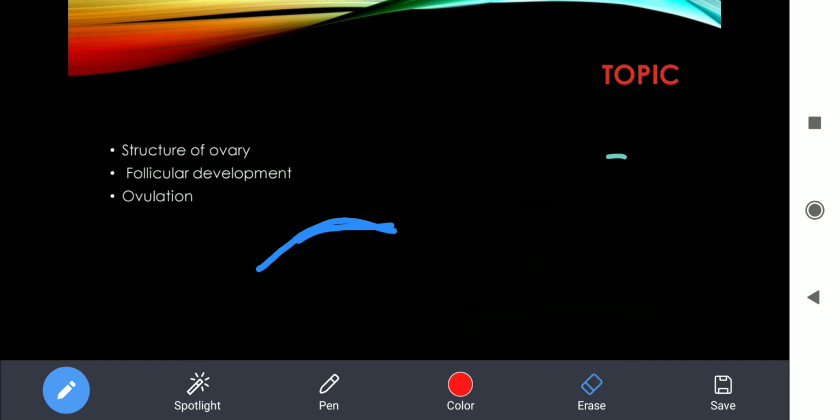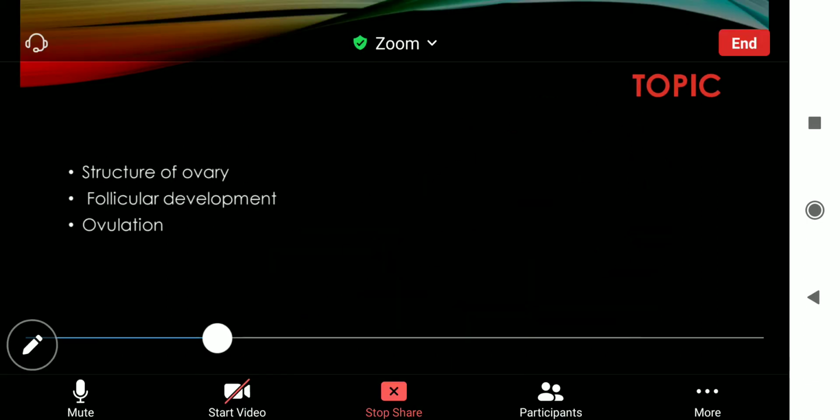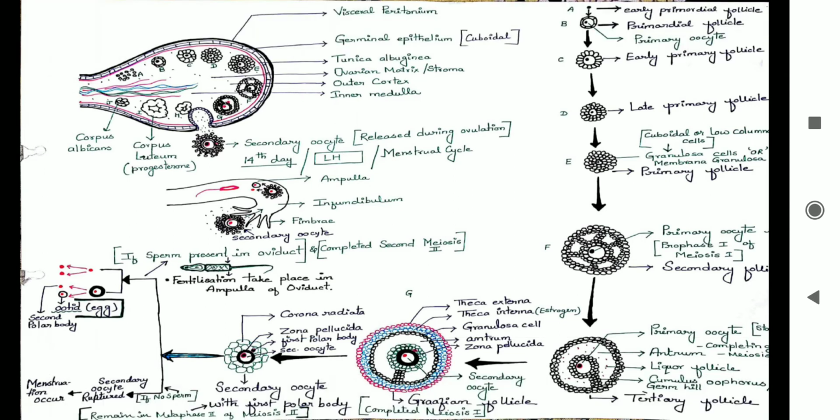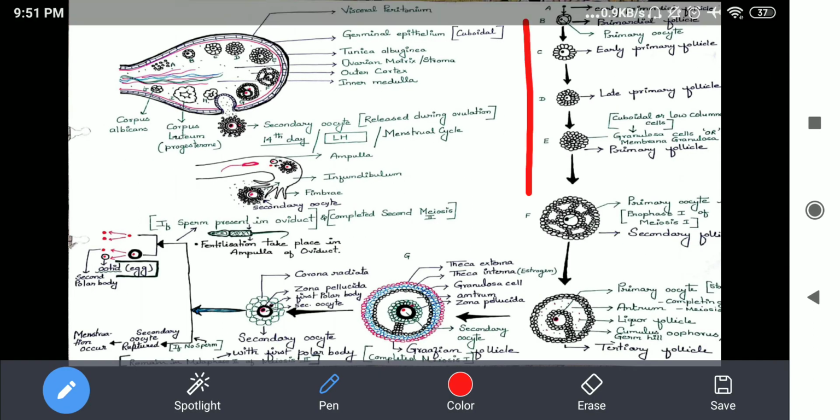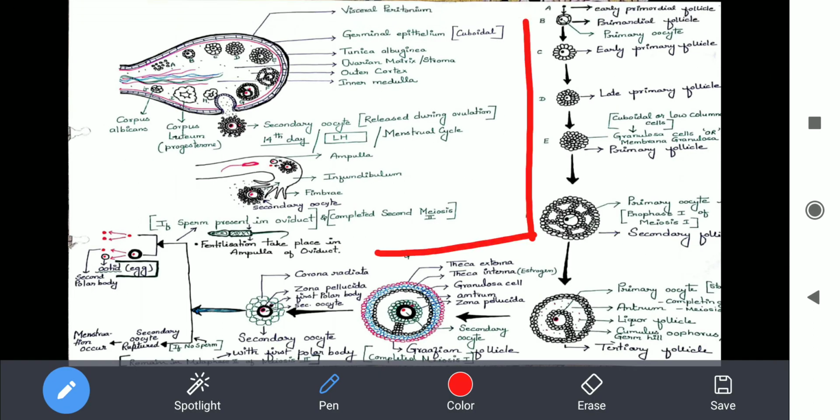When we are talking about the follicular phase, we'll move to the next page for the follicular developmental stages. On this page you will get all the developmental stages and their location inside the ovary as well.